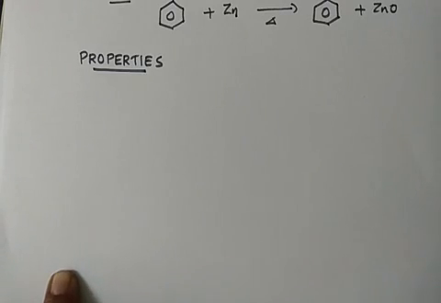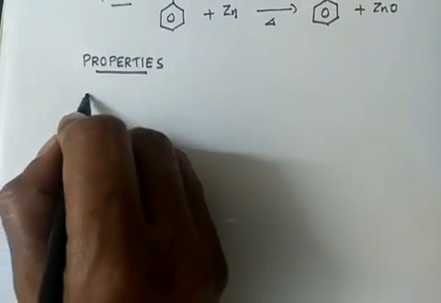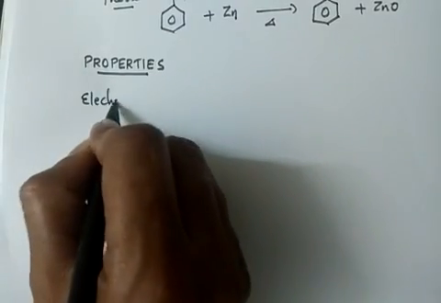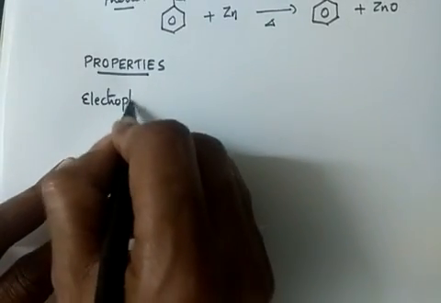Okay. So now some of the chemical reactions of benzene. The chemical reactions of benzene come under electrophilic substitution reactions.